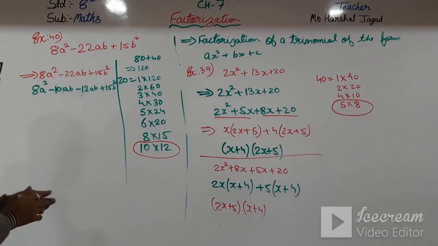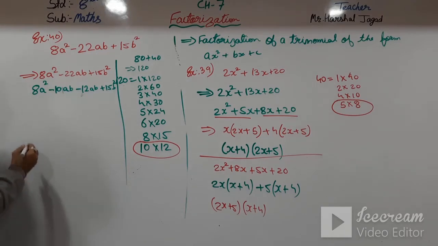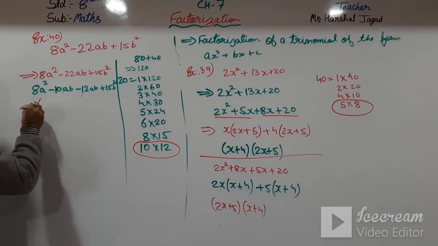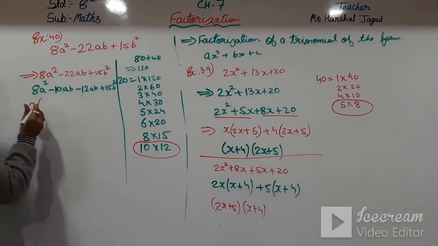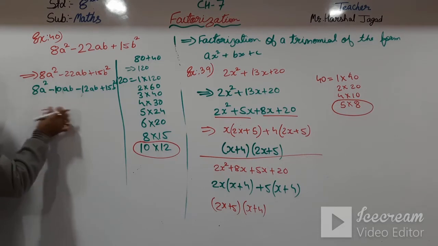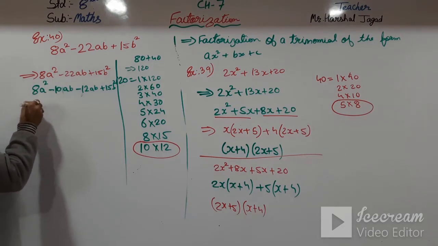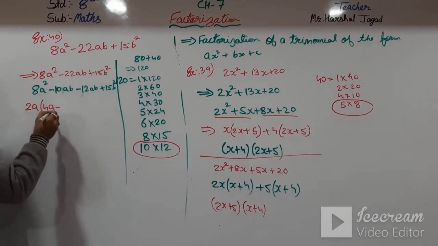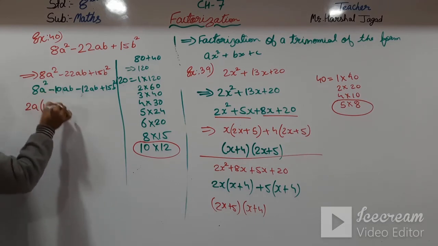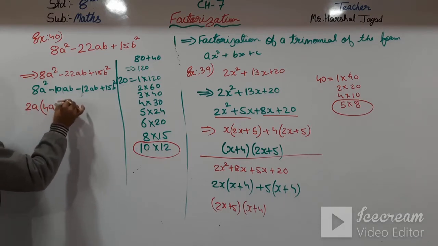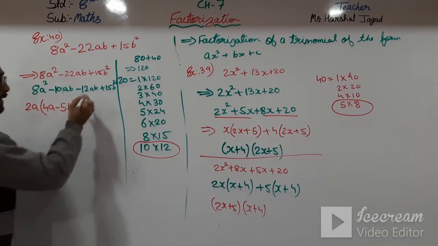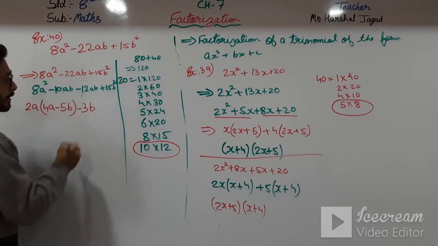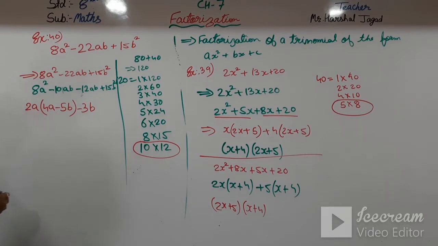Okay, plus 15b square. Now let us take it out common. 2a will be common, 2a, that is 2 4s are 8 and a as it is, and then here it will be the sign of minus, so 2 5s are 10 and b. Then here we can take out 3b.